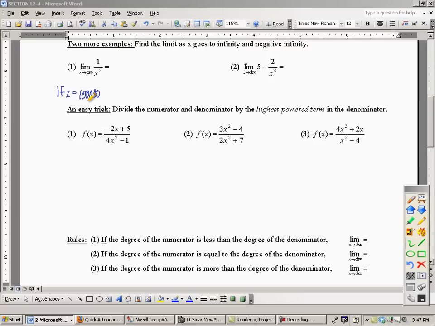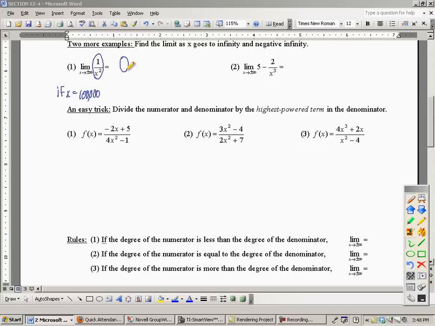If you put in your calculator 1 divided by 100,000 squared, you get 0.0000 e to the whatever. You get something really, really close to 0. So as you're looking at these fractions, when you put in a bigger number and you divide 1 by this really huge number, you're going to get closer and closer and closer to 0.